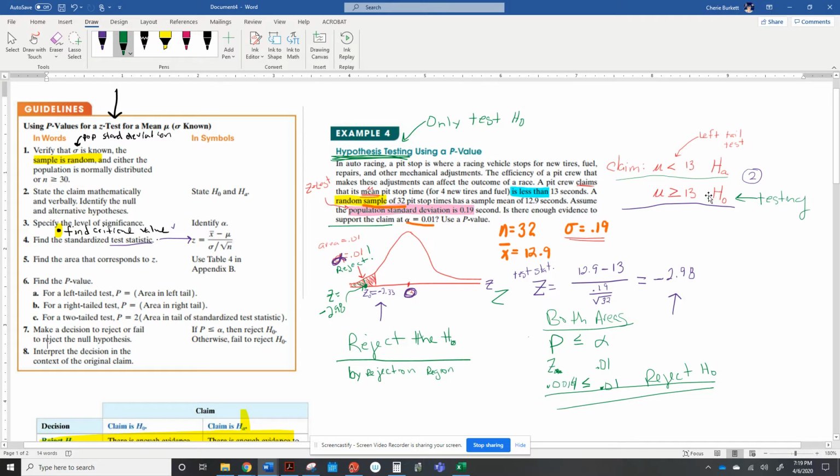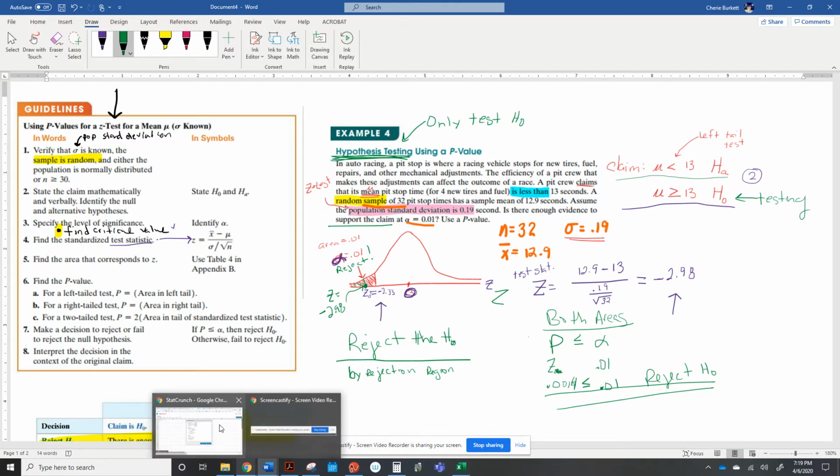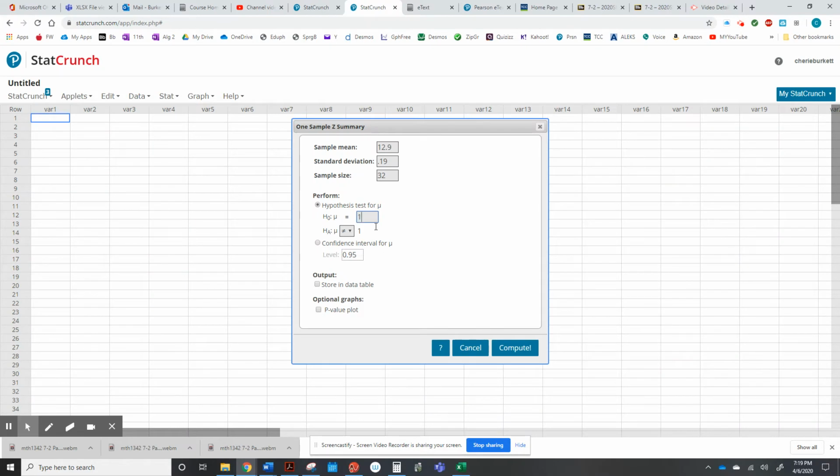We are actually saying that the null hypothesis is not just equal to 13, but greater than or equal to 13. But like I said, we'll fix that when we go to the alternative hypothesis. So the null hypothesis is always going to be equality. So we're going to type in 13.